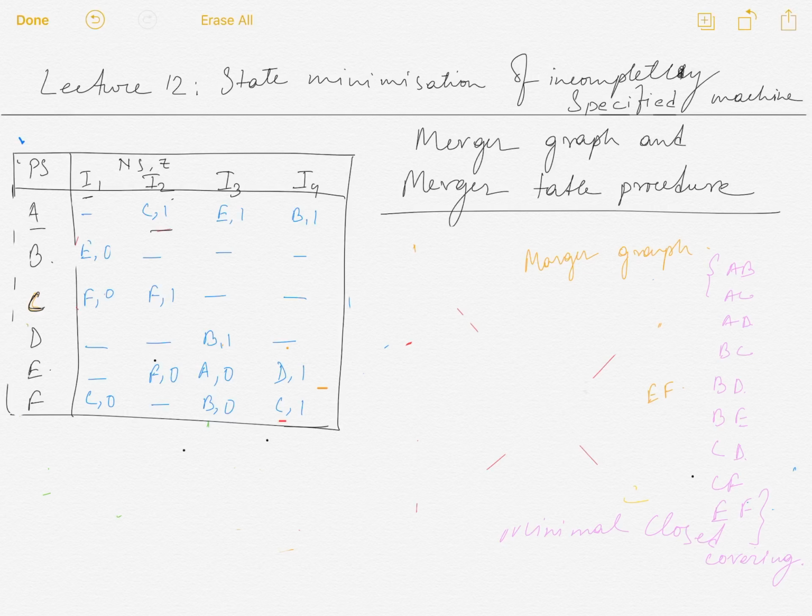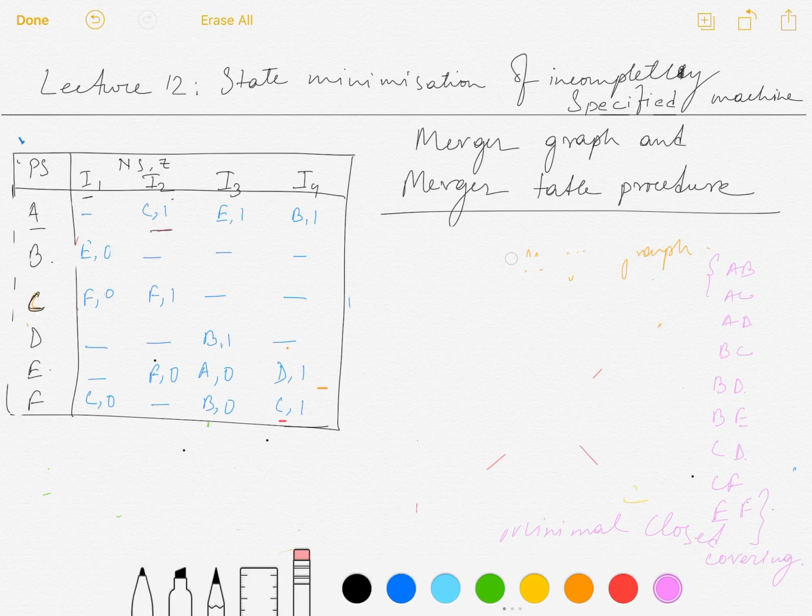A pair of states Si and Sj is said to be closed if its implied pair also belongs to this subset. That means, out of this set, AB, AC, AD, then BC, BD, BE, CD.